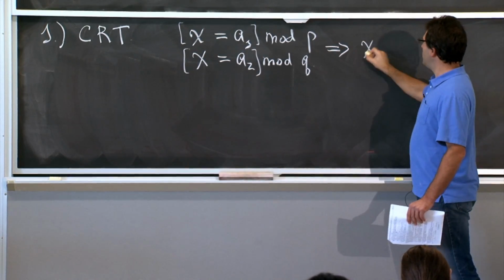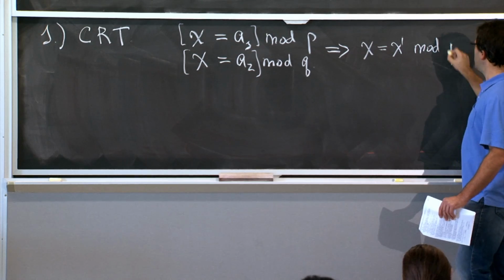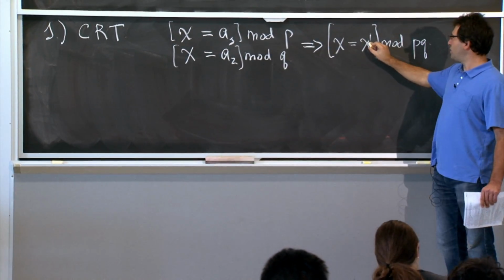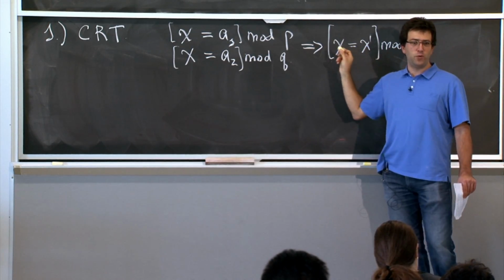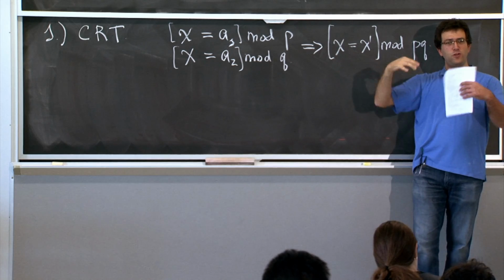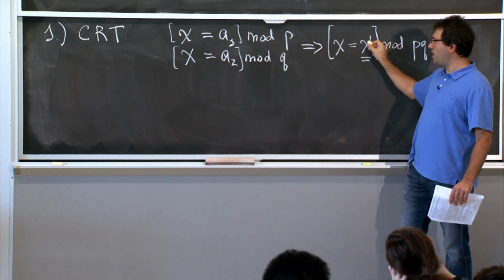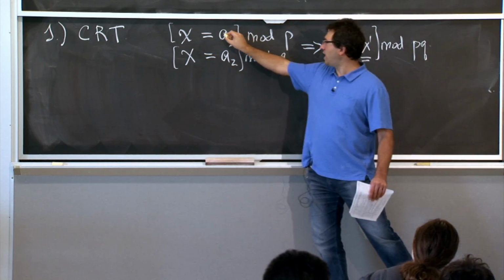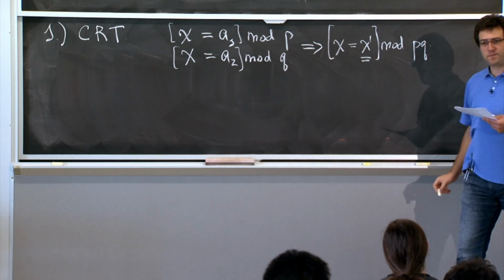So x equals some x prime mod pq. And in fact, there's a unique such x prime, and it's very efficient to compute. The Chinese remainder theorem also comes with an algorithm for how you compute this unique x prime that's equal to x mod pq, given the values a1 and a2 mod p and q, respectively.